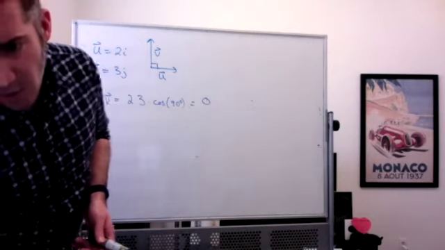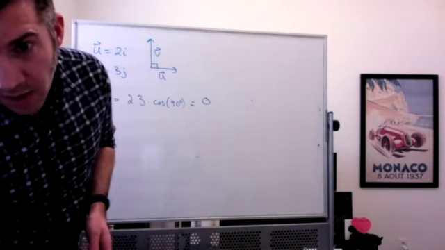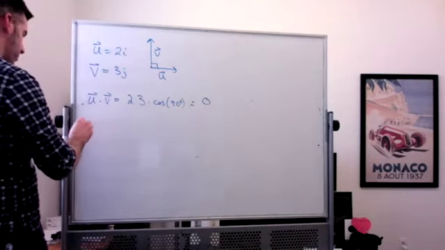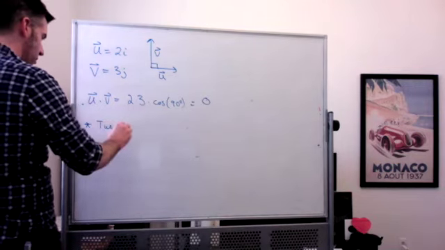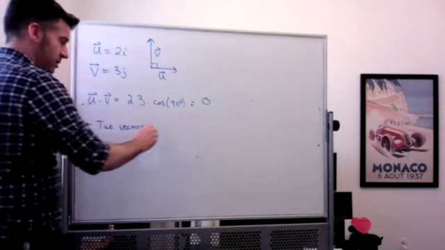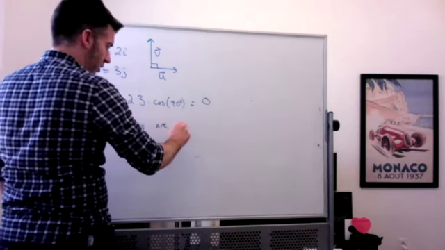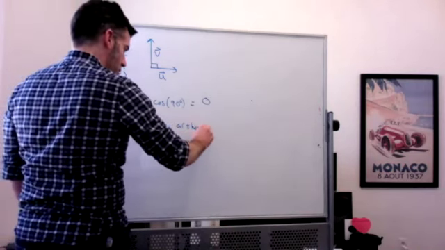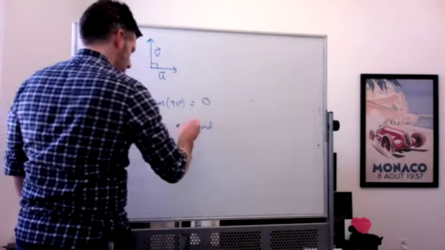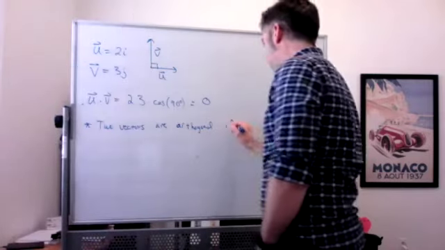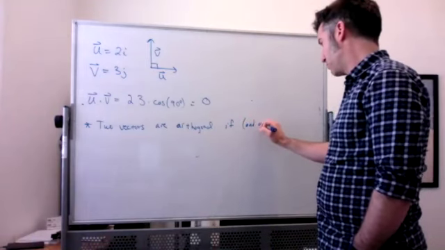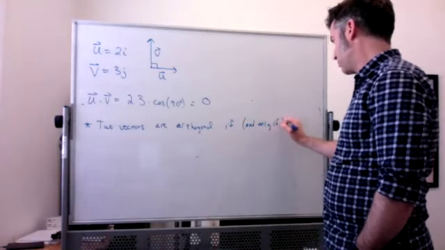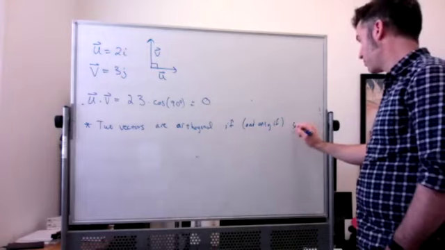This actually leads us to an important statement, which is that two vectors are perpendicular, or more generally, orthogonal, if and only if their dot product is 0.